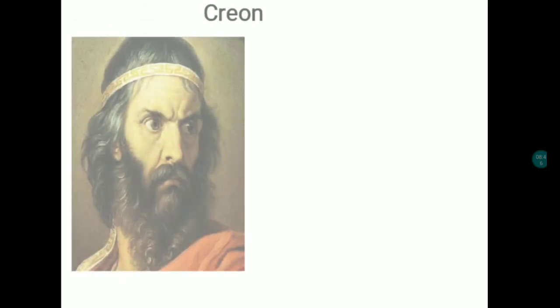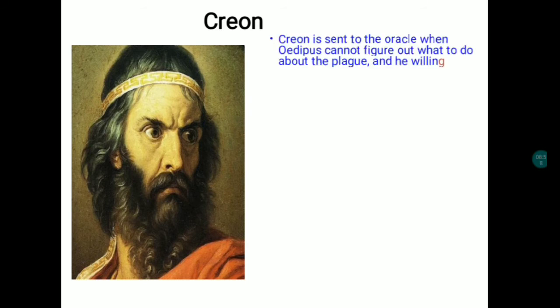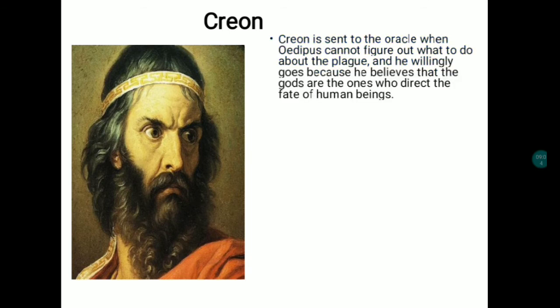Now the next character is Creon. Creon is the brother-in-law of Oedipus, and simultaneously he is the brother of Jocasta. His role is very important in the play because he was the man whom Oedipus sent to the god Apollo to know the actual cause of the epidemic or the disease which was attacking all the Thebans.